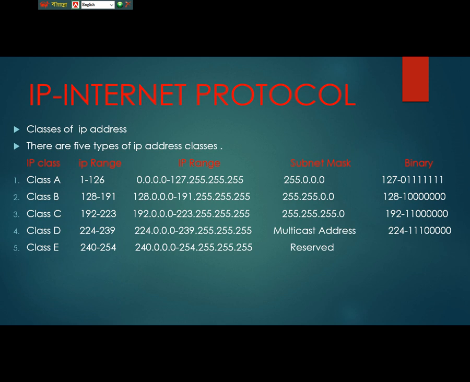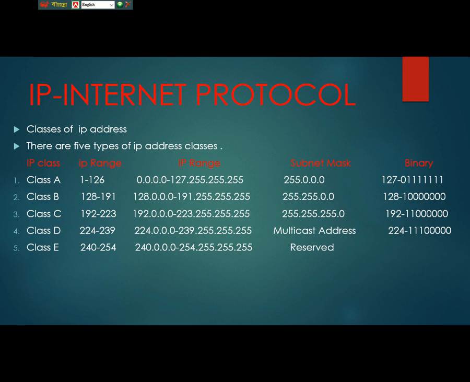So the subnet mask is 24-bit 1 and 8-bit 0. Class D is multicast address and Class E is reserved IP address.